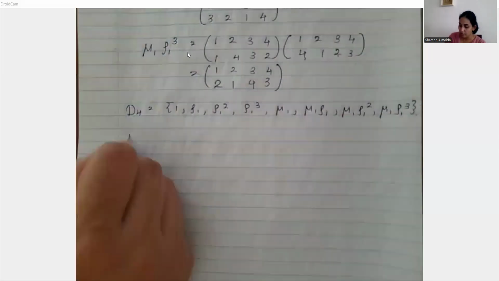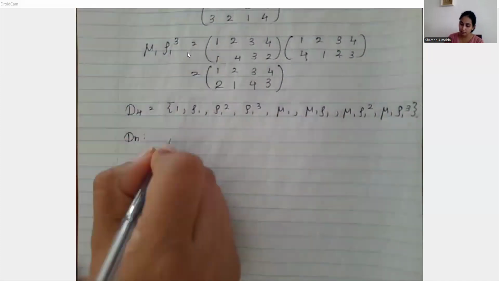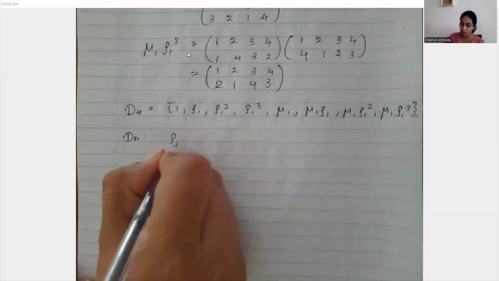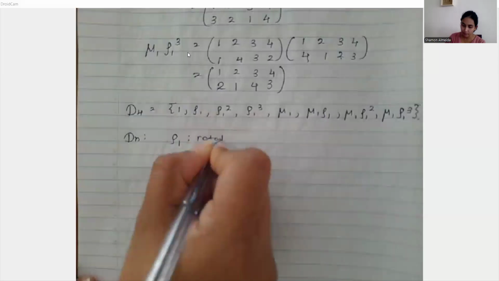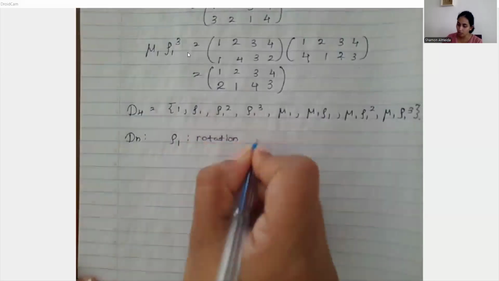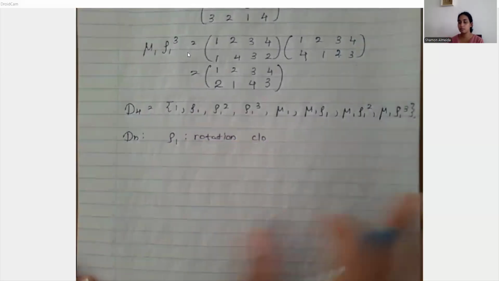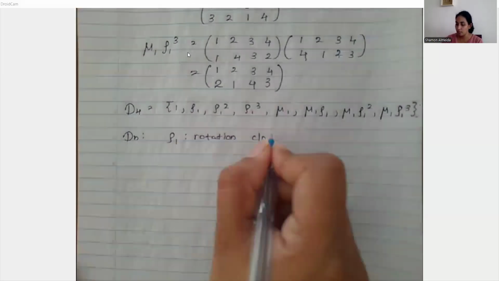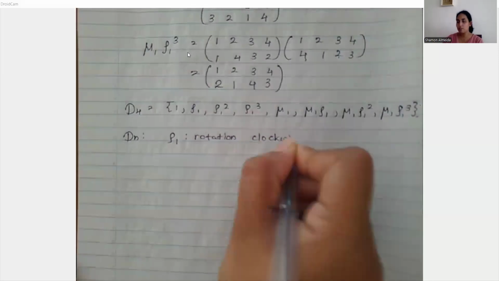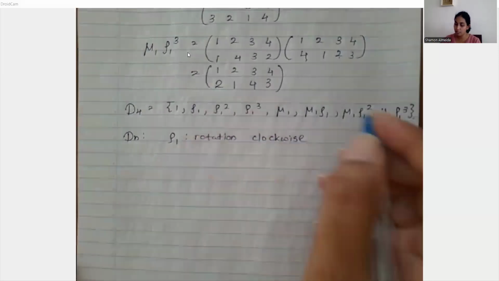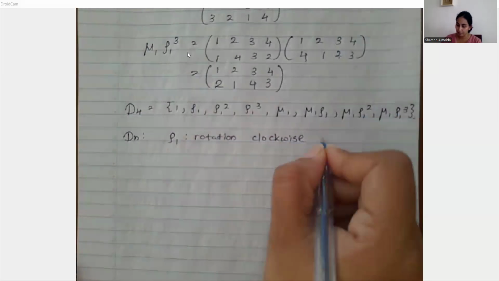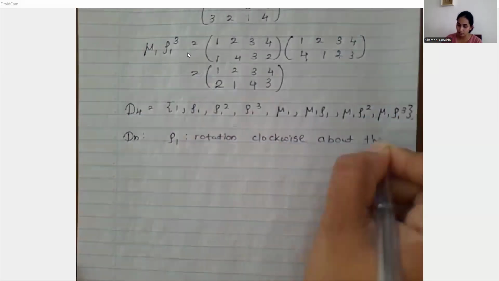If you write Dn, if I take rho 1 to be the rotation clockwise about the origin by 2 pi over n radian. Now, this is for the general case I'm writing because these relations are generally true for any n.